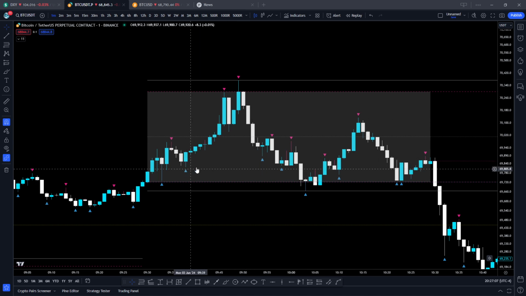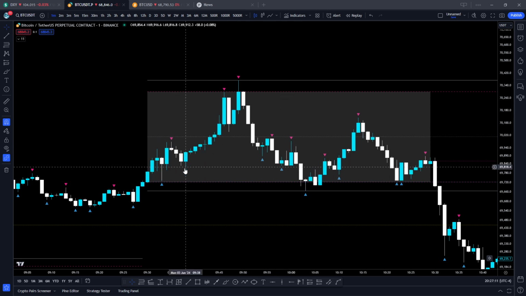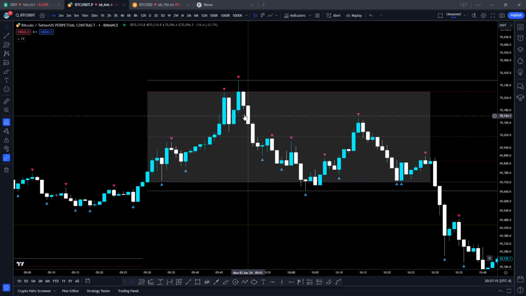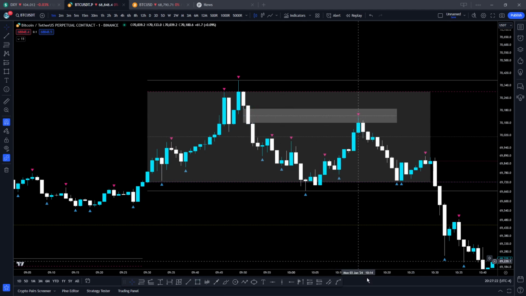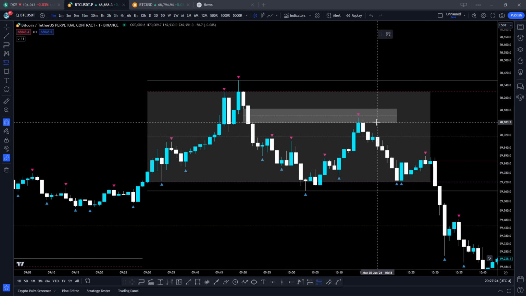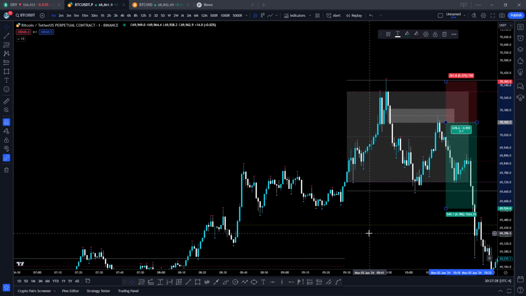So I try to find the internal ones and wait for them to get taken out. Okay. Look for a liquidity zone, fair value gap. And that is where I would go short from. And I would aim for lows.